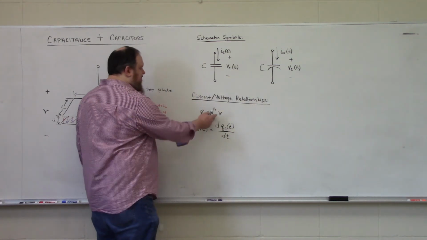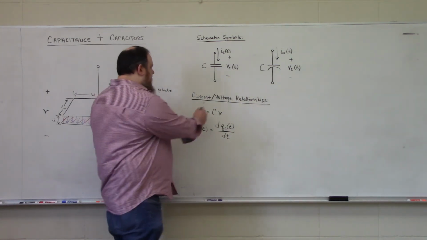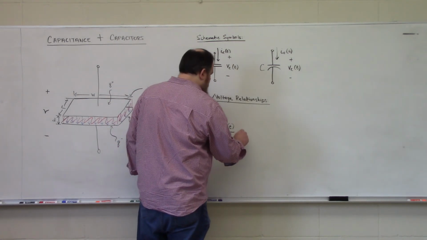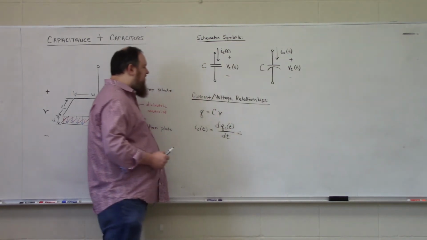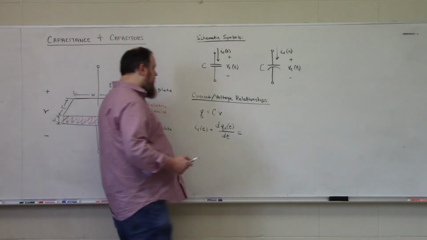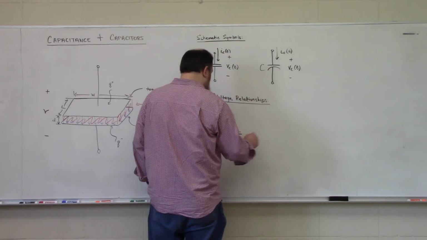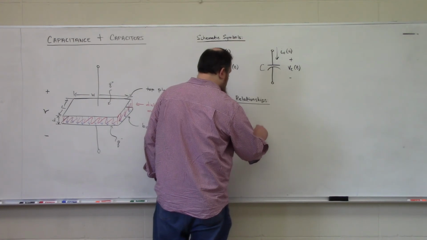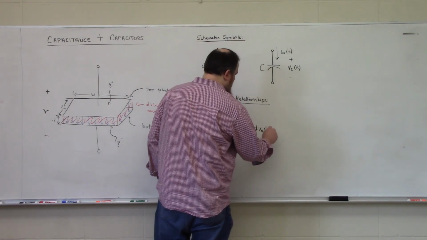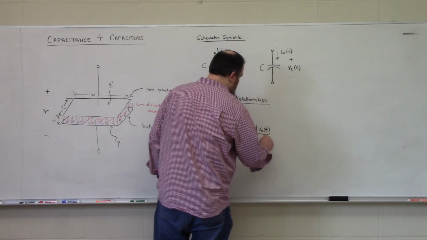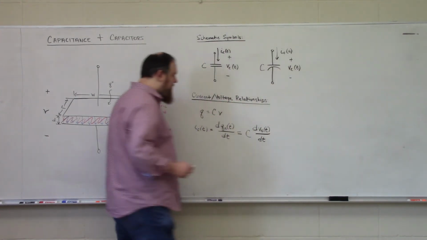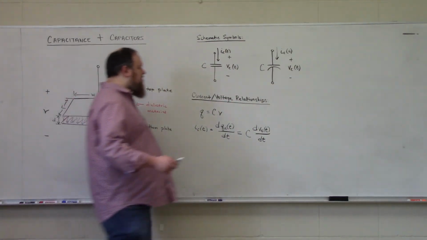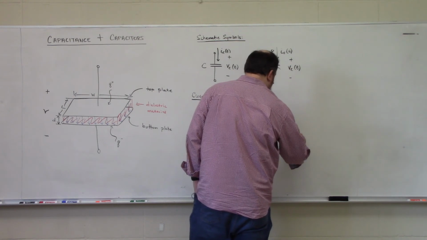So if we take the derivative of the right-hand side of this equal sign, where we are assuming that our capacitor value does not vary with time, what we find is that the current i_C(t) is equal to C times dV/dt. So this is our first relationship.